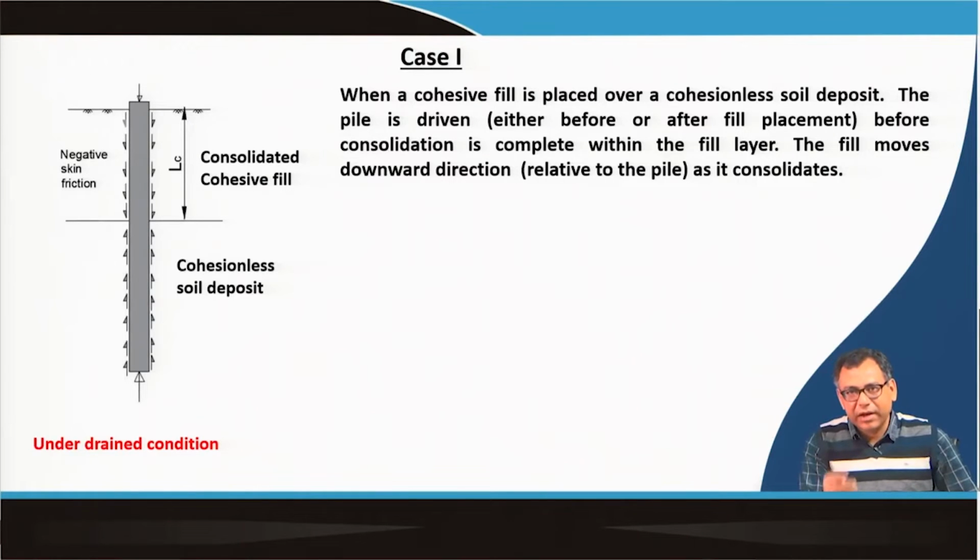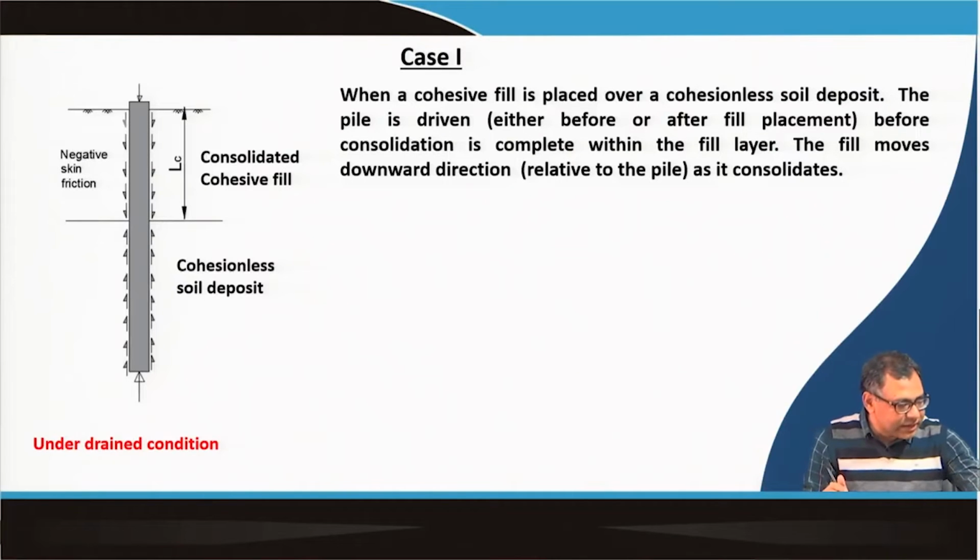That is why the fill material will move in the downward direction, and the movement of the fill is more than the movement of the pile. So, overall this fill will move downward as it consolidates.